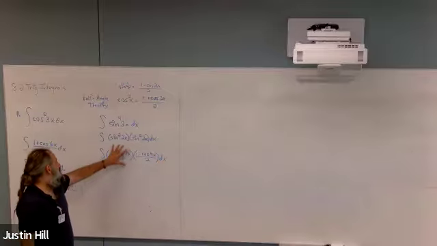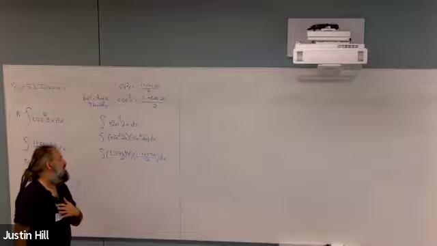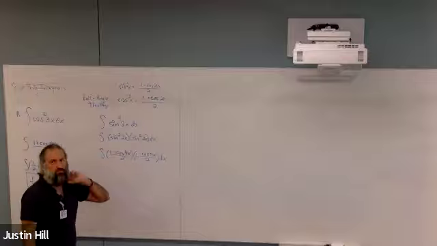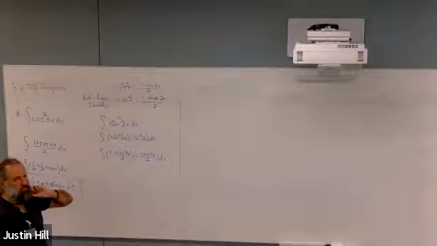Now, unlike the last one, I don't just have one of these where I can simply take the integral. I have two of them, so I'm going to have to do some distribution and see what I have left.